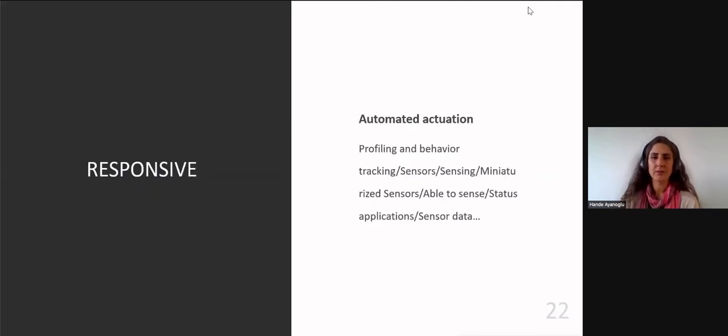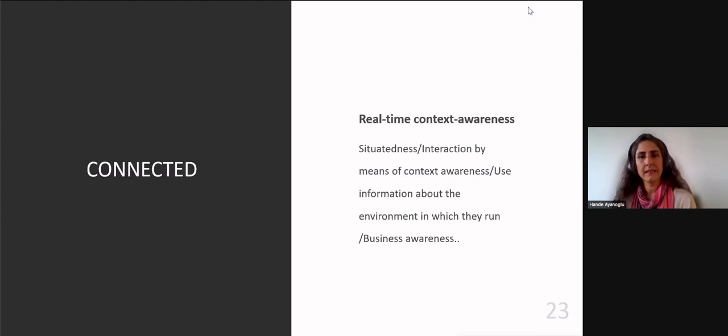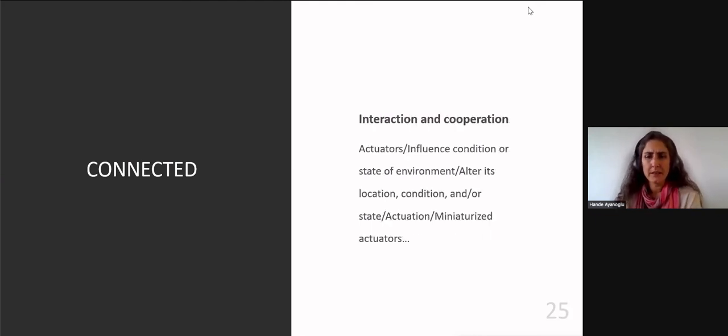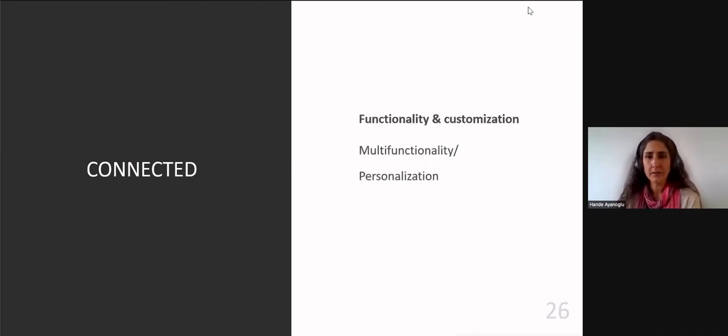They have sensors and real-time context awareness, so they have to be aware of where they are and use the information from the environment. Then they can operate. They have to adapt, or alter their location and condition. So these products are what we call connected products. There's also interaction and cooperation, so they have these actuations to make the product connected.